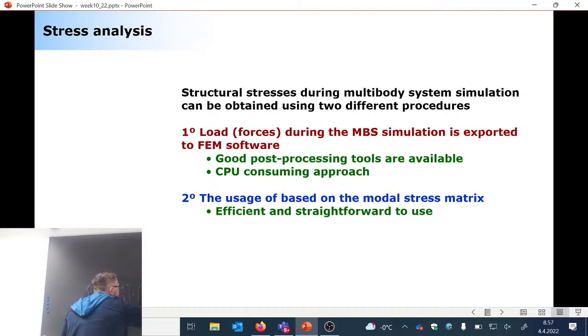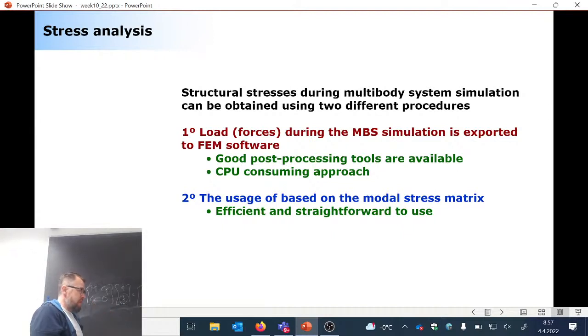Now, this represents the forces: external applied forces and inertia forces. And reaction forces, of course, because the reaction forces are the ones that are associated with the Lagrange multipliers. Now, these are all the forces we can take and build the load cases for the finite element model using this information that we're solving from multibody system dynamics.